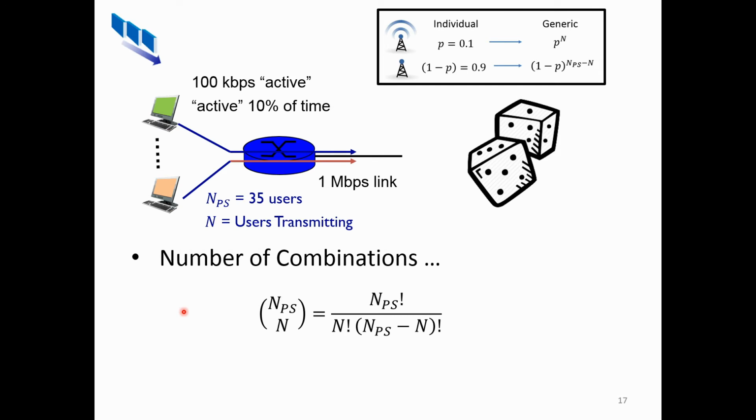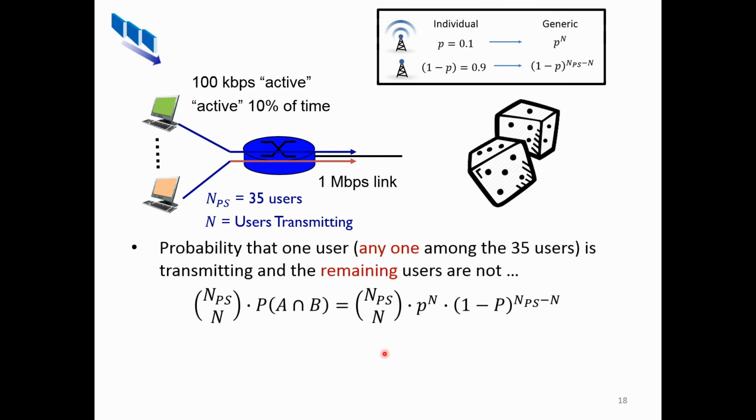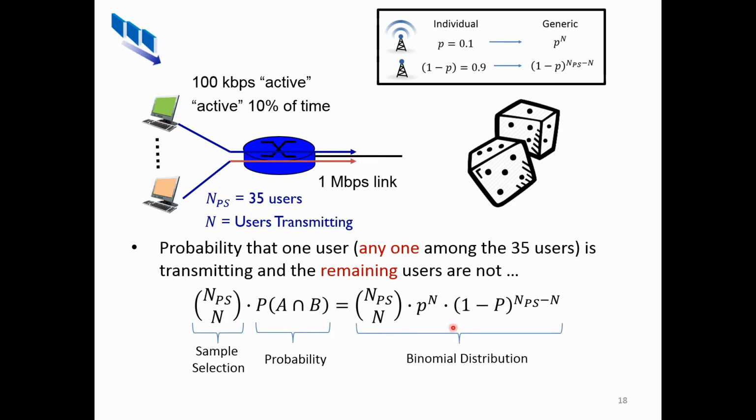The expression for the number of combinations is the following. Combining all the information that we know together, we use combinations to select any one user among the 35 users, and we multiply by the probability of that event happening. The result of this multiplication is what is called a binomial distribution.